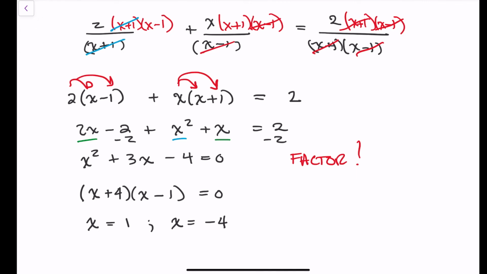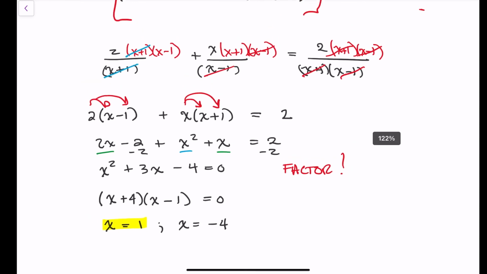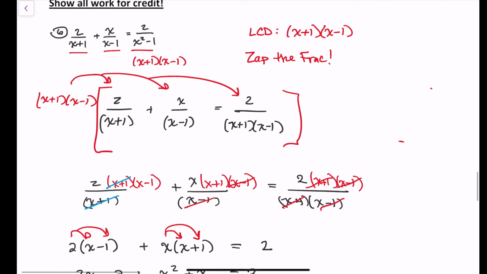And now I need to check for any extraneous solutions. So let's go up to the original problem and see if 1 or negative 4, if either of those are excluded values for this equation. So if I look at x equals 1, sure enough, my excluded values here are x equals 1 and negative 1.